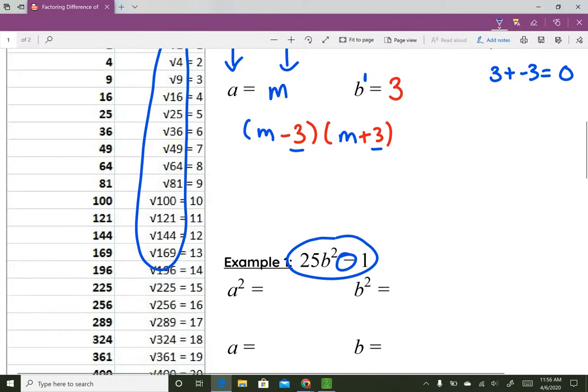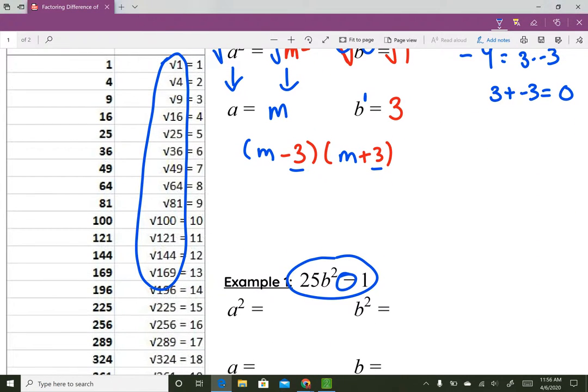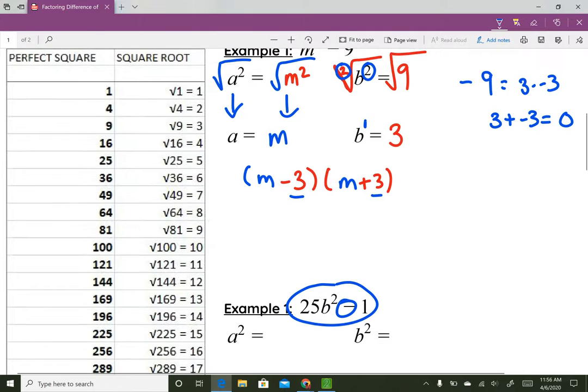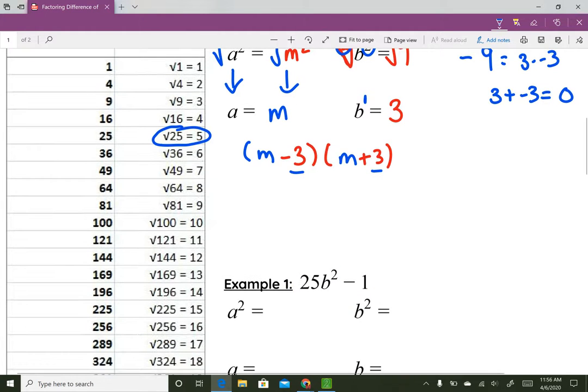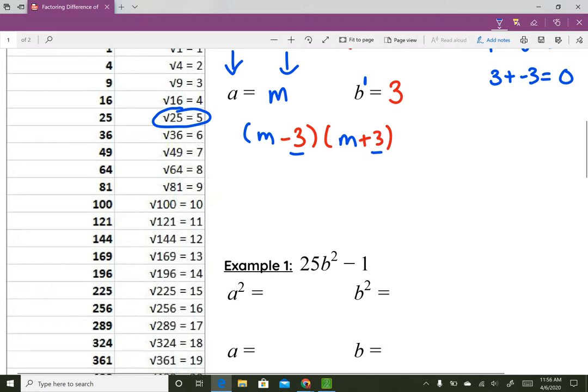So let's take a look. 25, is it on this list right here? It sure is. The square root of 25 is just 5. So a squared is 25b squared. Sorry for the b there, it's a little confusing, but it's different from this b squared. What's b squared? It's just the number behind, so that's 1.